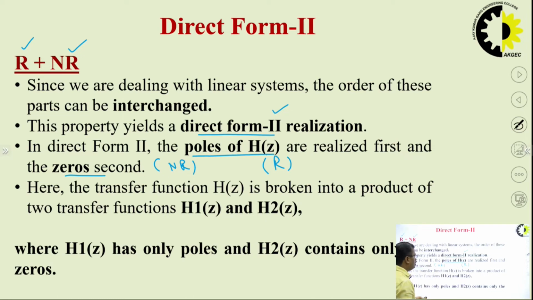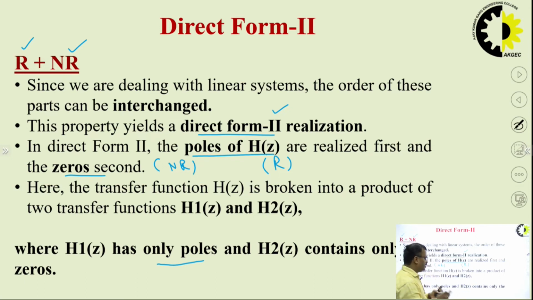So, H(z) you have to break into the product of H1(z) and H2(z). H1(z) always shows the poles that would be realized recursively, and H2(z) contains the zeros, that would be realized using non-recursive. Okay. So, I think it will be clear to you.